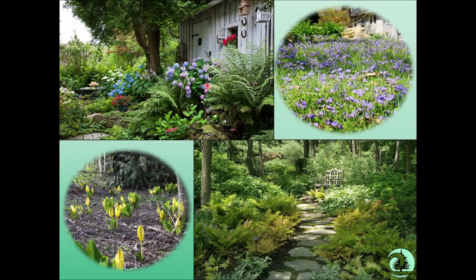The hydrangeas here look so fantastic with the ferns, and integrate as many native plants as possible. And if you're so lucky to have skunk cabbage, wow, that's amazing, because skunk cabbage is one of the most beautiful native plants ever. That's my opinion. I just had to show a picture of it because I love it.